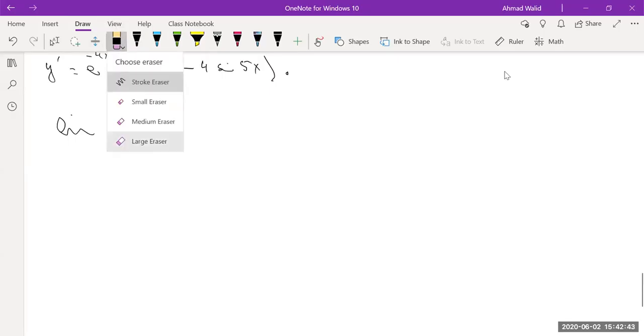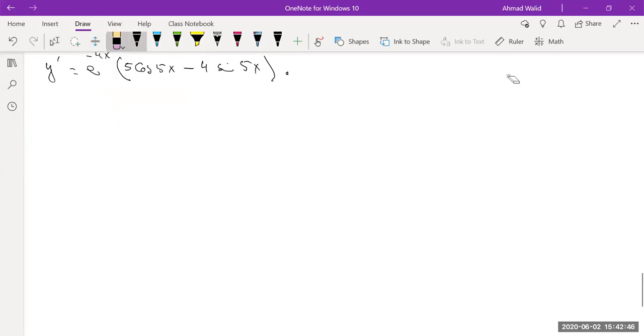Let me write at least once the limit in a nice way. Limit of e to the x. What is the limit of e to the x? Number one, the limit of e to the x as x approaching negative infinity is always 0.